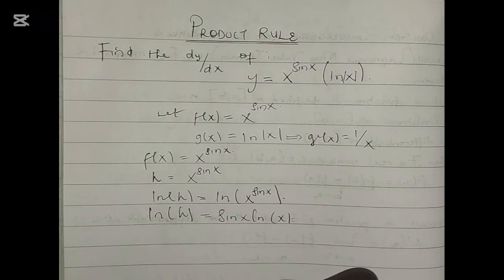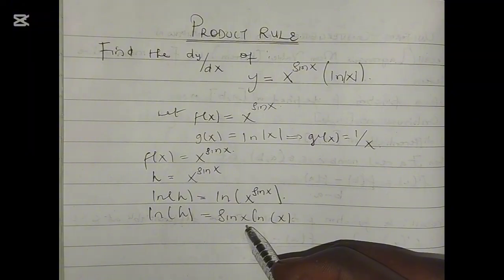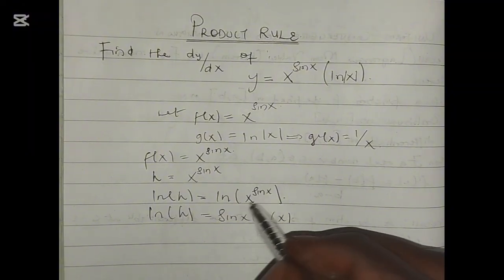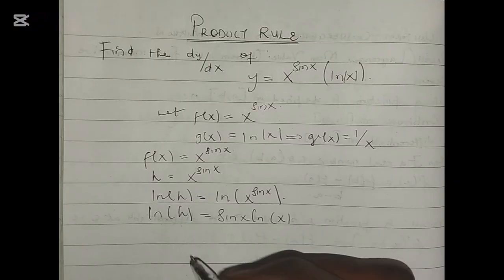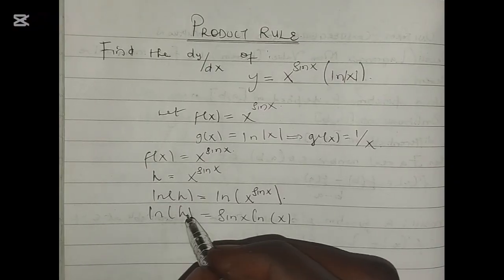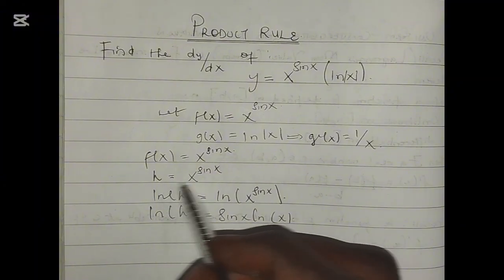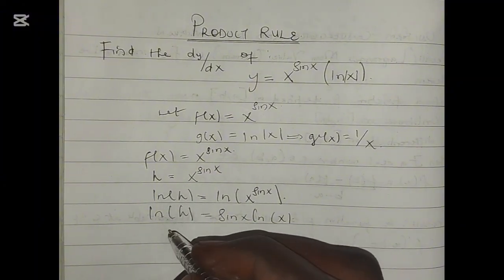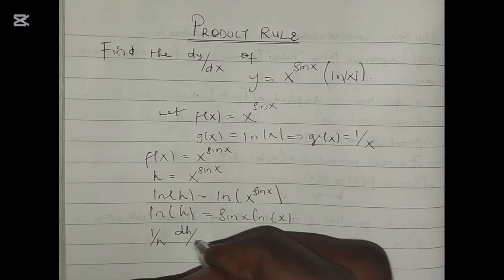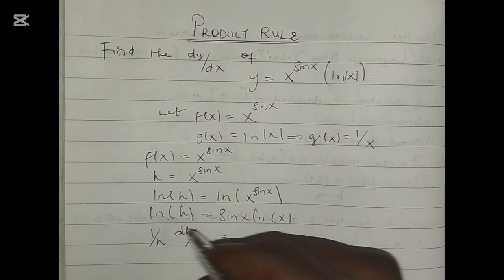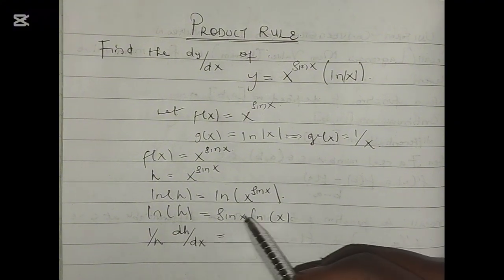So now it's as simple as knowing that this is another product rule here, sine x and ln x. We already know what ln h will give us, but it is different now because we have to find not h but ln h. ln h differentiates to 1 over h, h prime, because surely this will take us to implicit differentiation, since we have to differentiate both sides.